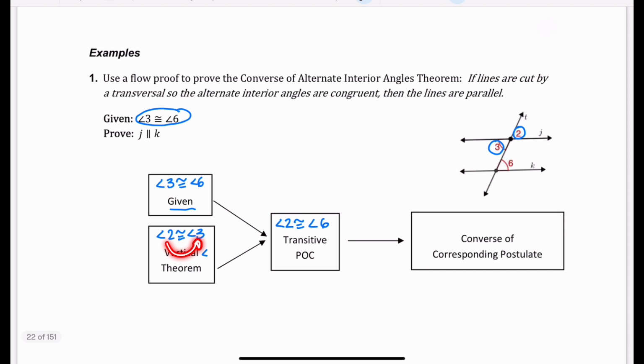Now since we know that 2 is congruent to 6, we're going to use the converse of the corresponding angles postulate. So J must be parallel to K since 2 is congruent to 6.